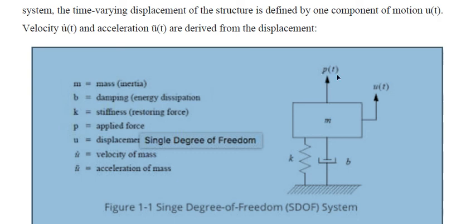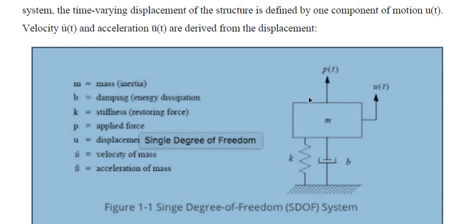Now if force P of t or F of t is applied upwards, there will be displacement u in that direction. But at the same time, the mass has the nature of spring and the nature of damping, which will bring the mass downwards because of the restoring forces, because of the stiffness property.